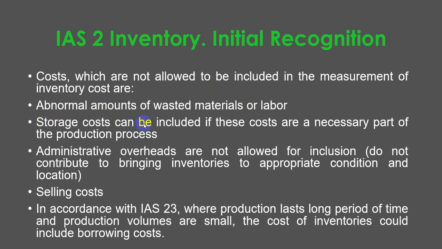Storage costs can be included if these costs are a necessary part of the production process. Administrative overheads are not allowed for inclusion, because such costs do not contribute to bringing inventories to appropriate condition and location. Selling costs are excluded.